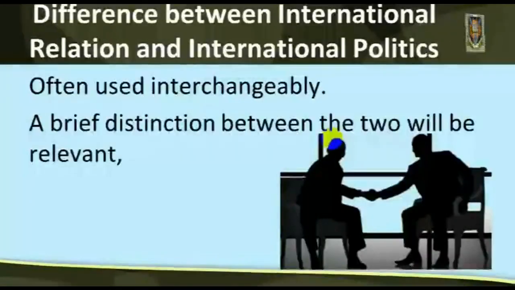International relations and international politics are often used interchangeably. For the purpose of this course, a brief distinction between the two will be relevant, even though we can consciously or unconsciously use the two terms in some of our writings.